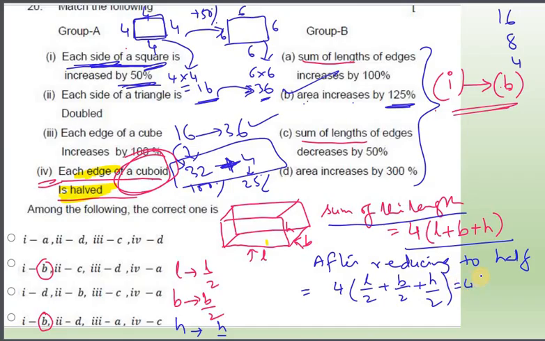So this is 4 multiplied by L plus B plus H, because for all we are having 2 now. So the LCM will be 2. So what we get here? 2 multiplied by L plus B plus H.